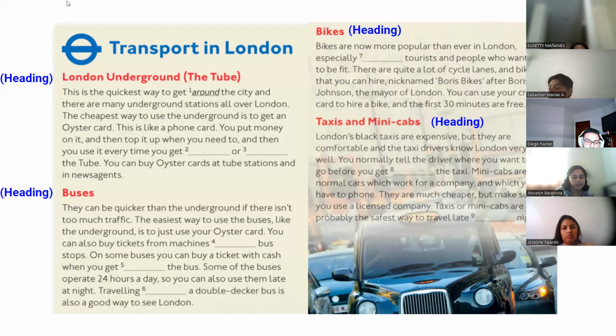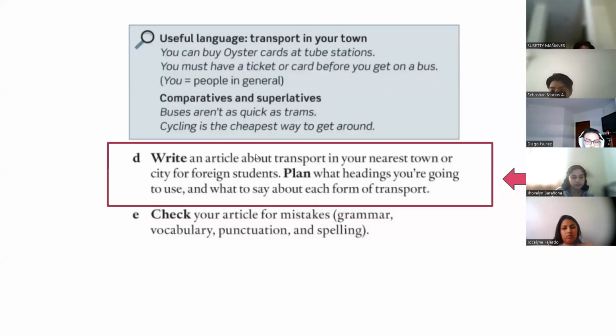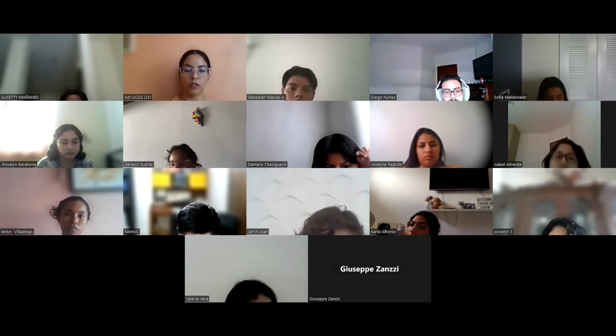Use headings and do what the task says. Write an article about transport in your nearest town or city for foreign students. You have to upload this assignment on Moodle.